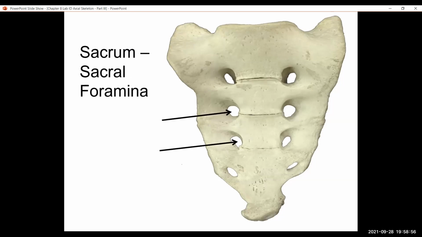And then you have the holes in the sacrum, and those are known as the sacral foramina. I do not require you to write in anterior or posterior. Okay, just write in sacral foramina. And if there's only one arrow pointing to the hole and you say sacral foramina, I'm not worried about it. Foramina is plural for foramen.